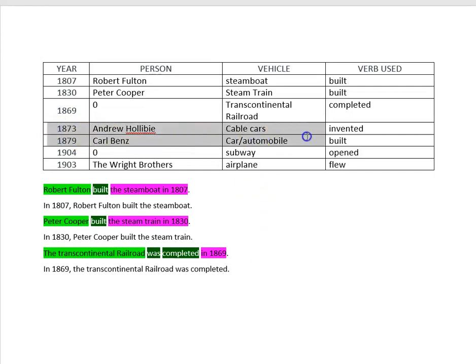Now I would like you to write your answers to these here on your Padlet. But I also would like you to add one more sentence, something that you actually know, either in your country or in some other country, something that was built, that was invented.